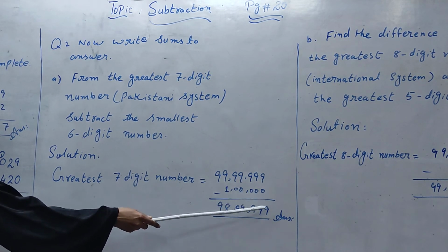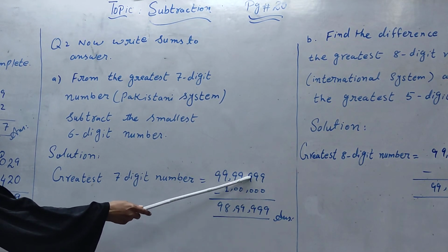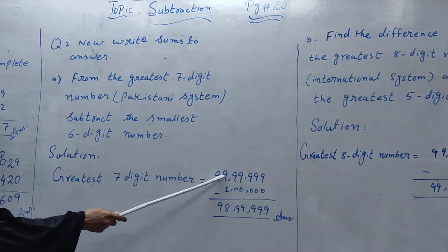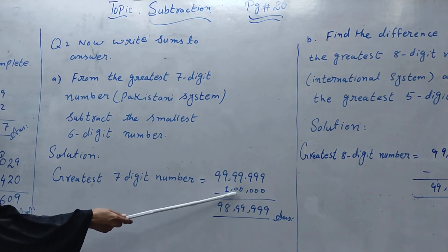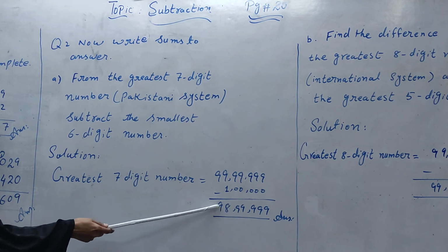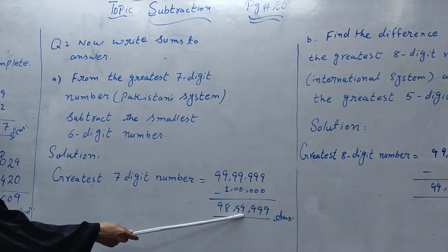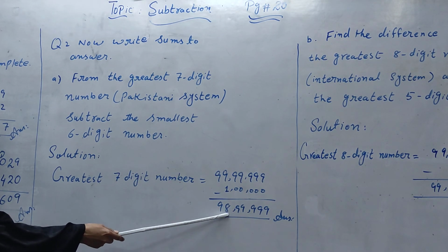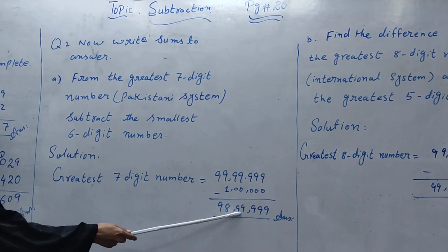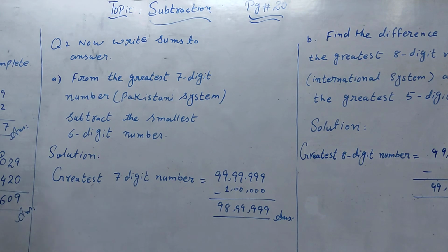Now subtract. 9 minus 0, answer is 9, 9 minus 0, 9, and so on. 9 minus 1, 8 and last 9, 8. So it is ones, tens, hundreds, thousands, ten thousands, lakh, ten lakh, 98 lakh, 99,999 is your answer.